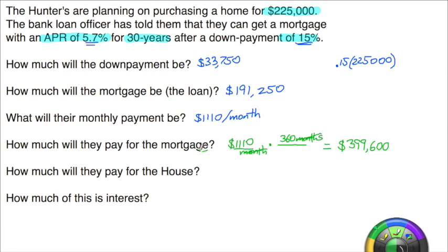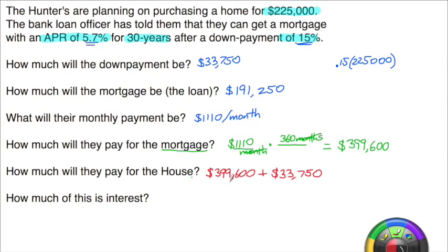Now that's how much they pay for the mortgage itself, just the loan. The next question is, how much do they pay for the whole house? Well, how much they pay for the house is going to be how much they pay for the mortgage. This is one of those common sense things, but a lot of people forget about it. Plus how much they paid for the down payment, because that came out of their pocket too. So think of this as all the money that has come out of their pocket is how much their house is going to cost.